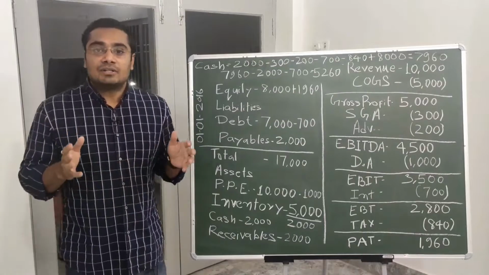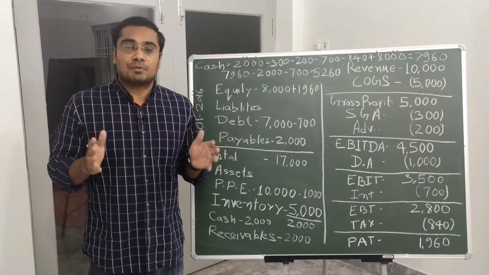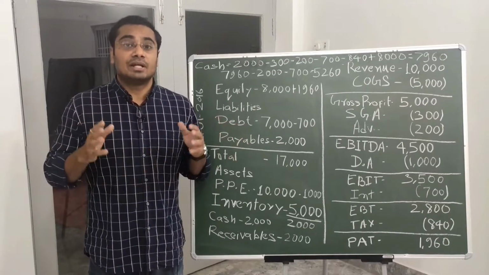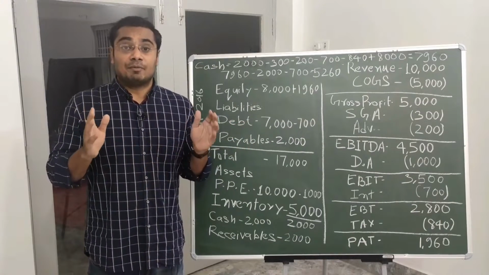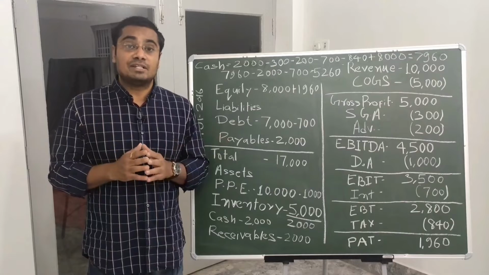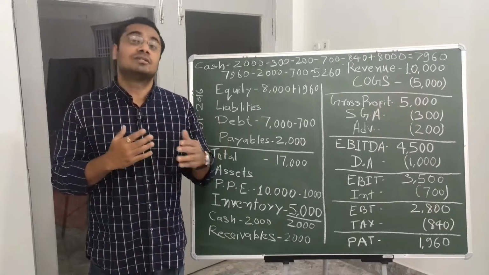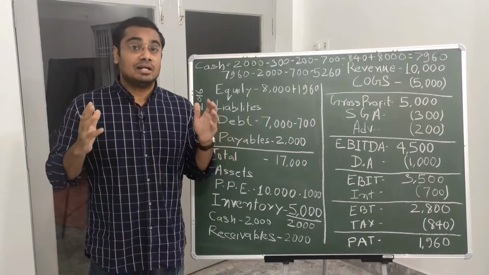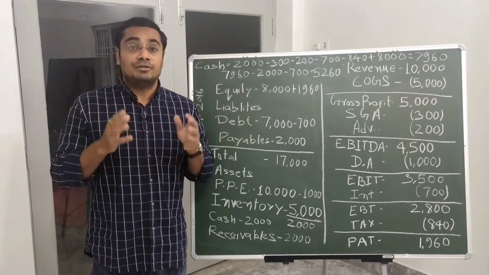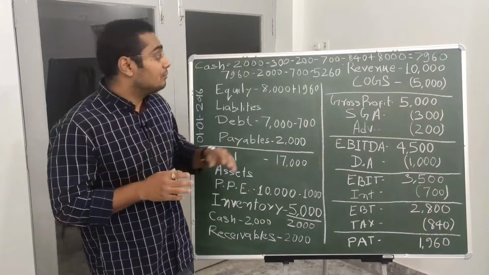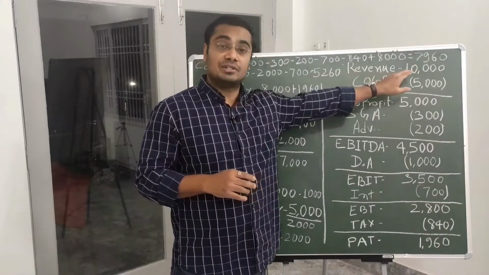Friends, profit and loss account is a statement of the company's performance during a period of time. In our example, this period of time was 1 year. The performance of the company during this period is going to decide the next financial position of the company, meaning thereby it is going to create the next balance sheet of the company. We will see how. During this period, friends, we saw the company earned a revenue of 10,000 rupees.